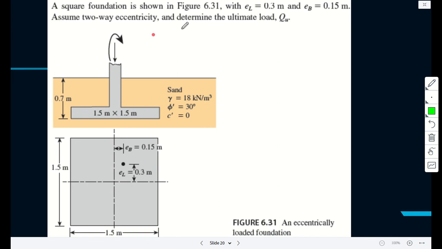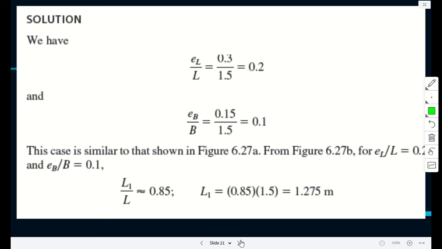So we assume two-way eccentricity, and the issue is we need to determine the ultimate load. The ultimate load, remember, is equal to QU times the effective area. So here because we are given the eccentricity in the x direction is 0.3 and then the length is 1.5, so 0.2. The eccentricity in the y direction is 0.15.